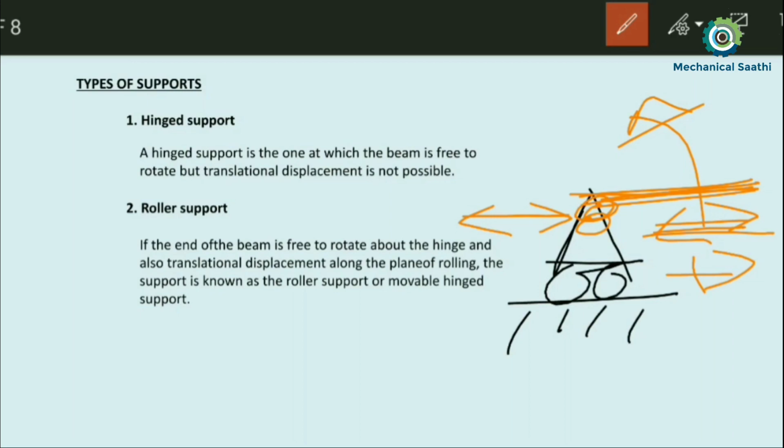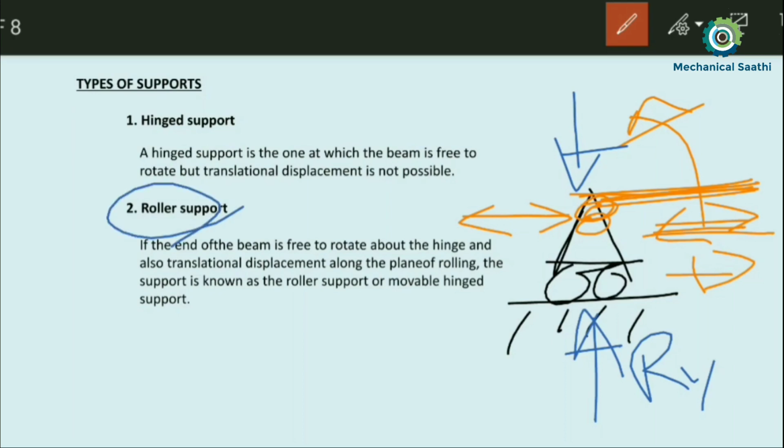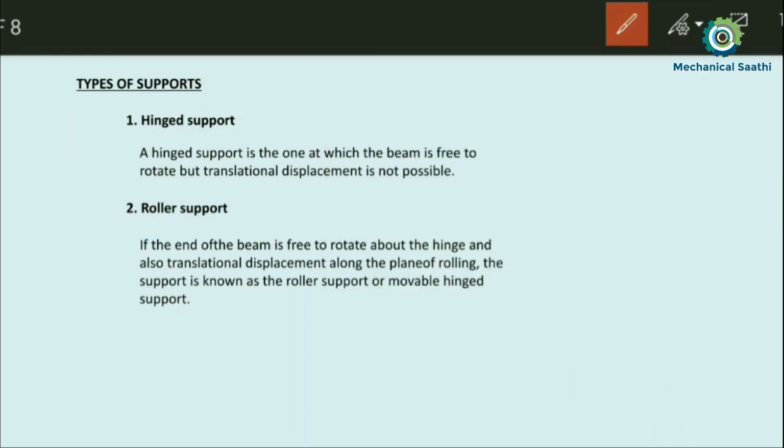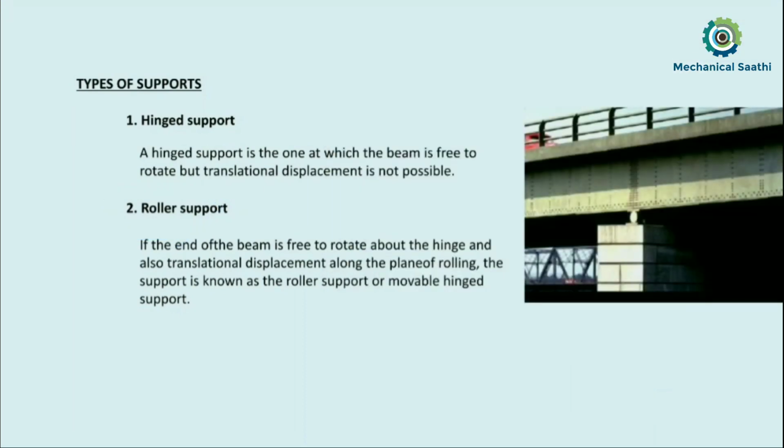But if we apply a force along the y-axis, we will get a reaction force along the y-axis, that is Ry. So in the case of a roller support, we get only one reaction force, along the y-axis. And if we apply a moment, there will be no reaction. Let me clear all these things.